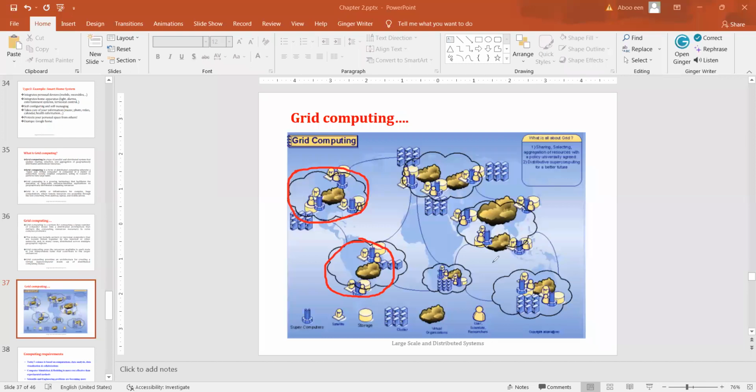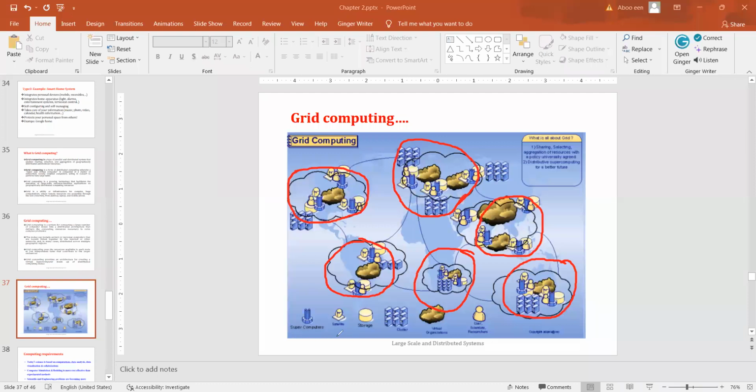And here you see the African continent. These are from which part of the world? Europe, exactly. How about this area? Asia. Am I correct? Yes, sir. How about this one? Australia, exactly. So you see various parts of the world and the distributed components.